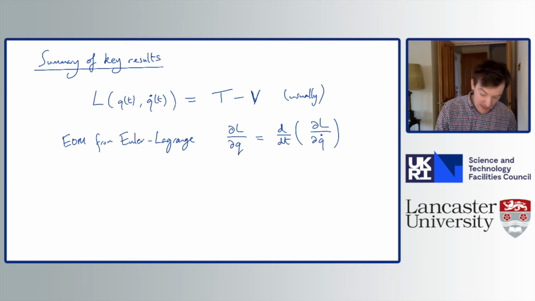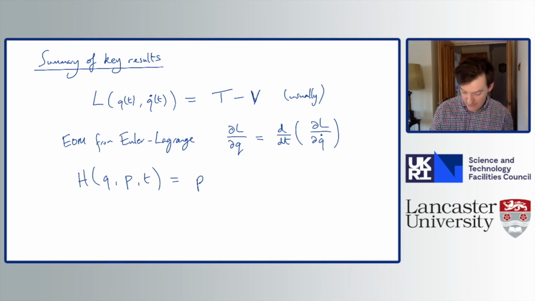And the second thing we defined was the Hamiltonian function. Okay, so this is a function of q and of p instead of q and q dot. And it can also depend on time. And in general, this can be constructed from p times q dot minus L. So this is an example of a Legendre transformation, we said, which allows us to start from a Lagrangian and to work out what the Hamiltonian should be.